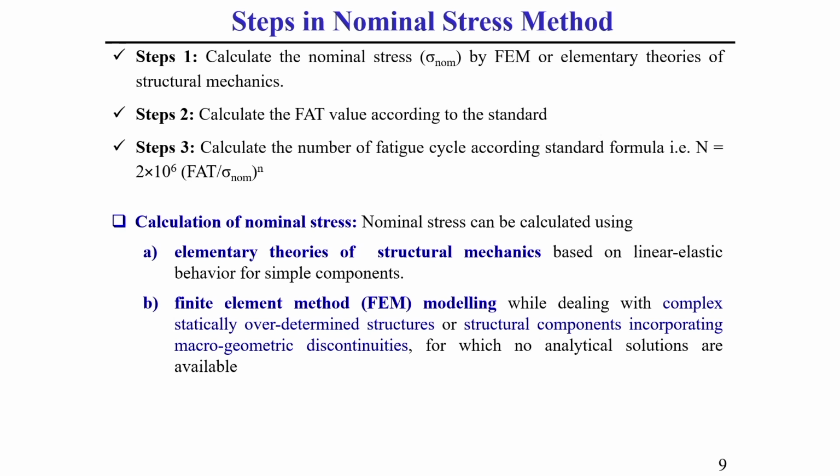Now, I am going to discuss the steps generally used in the nominal stress method. The first step is to calculate the nominal stress, sigma NOM. This nominal stress we can calculate by elementary theory of mechanics or by a numerical method like the finite element method, FEM.